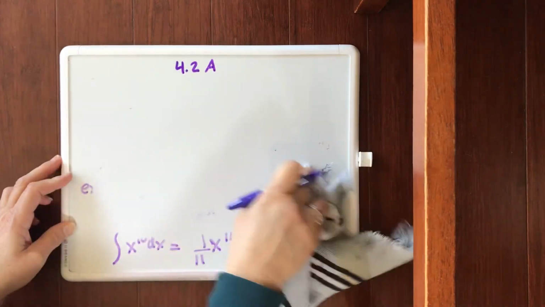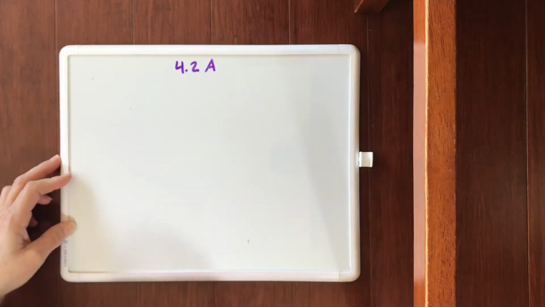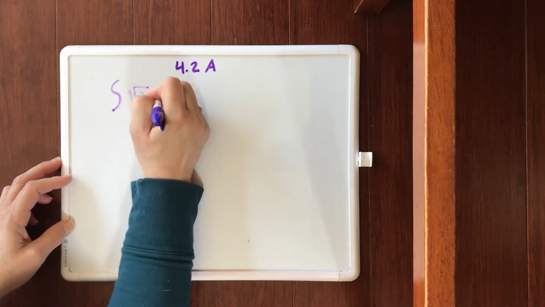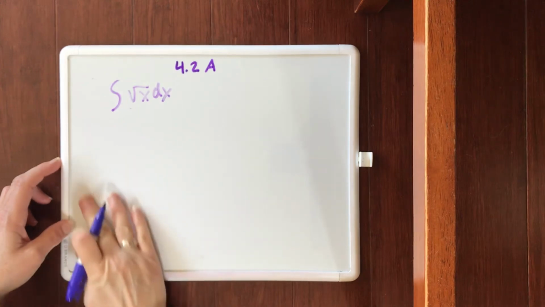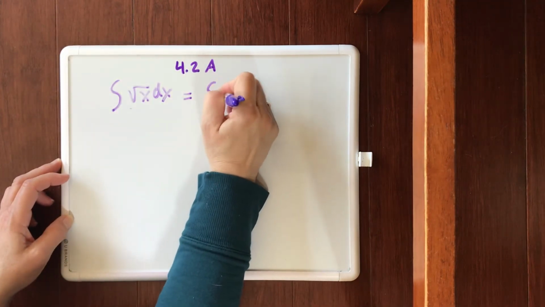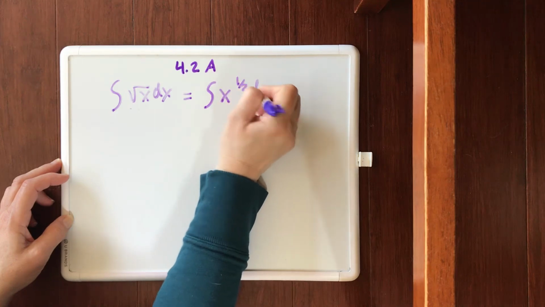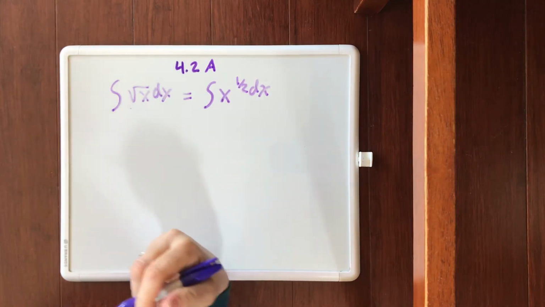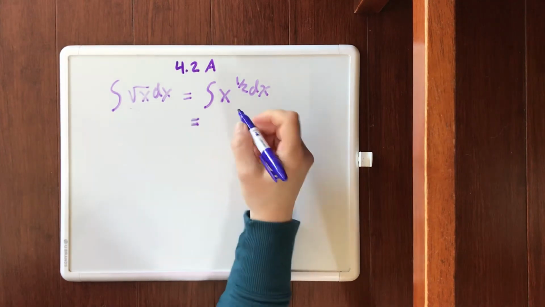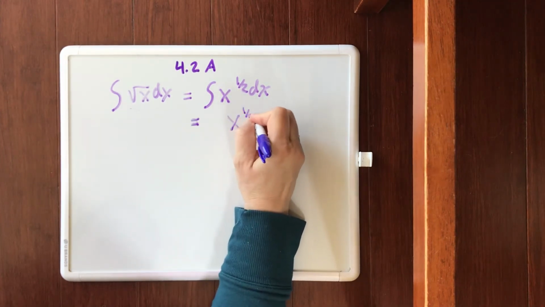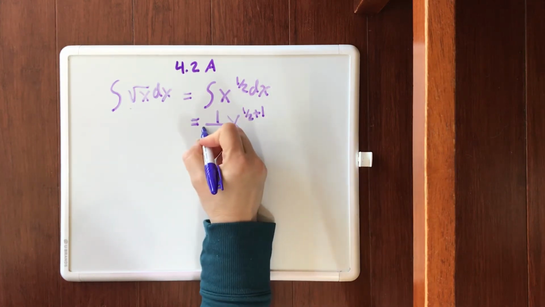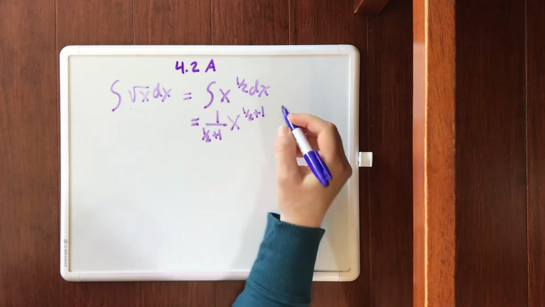All right. So let's look at some different problems. Let's integrate square root of x dx. Let's change that to x to the 1/2 dx. That makes it a lot easier to add to the exponent. So we're going to add 1 to 1/2, and then we're going to divide by 1/2 plus 1, plus c.